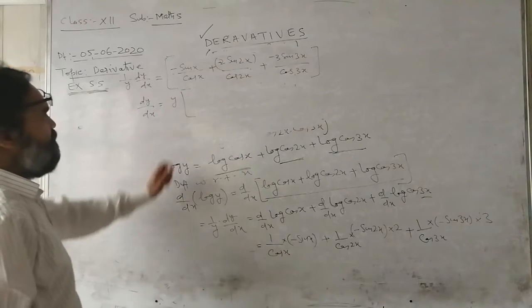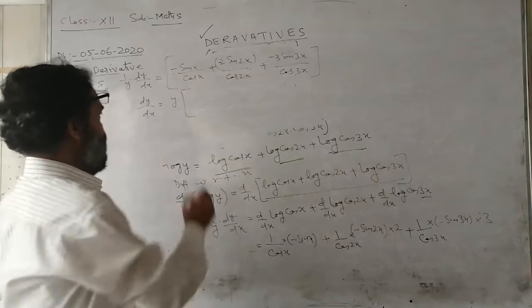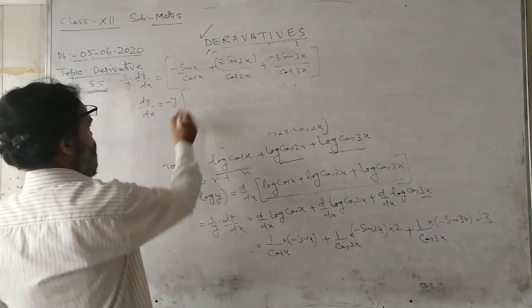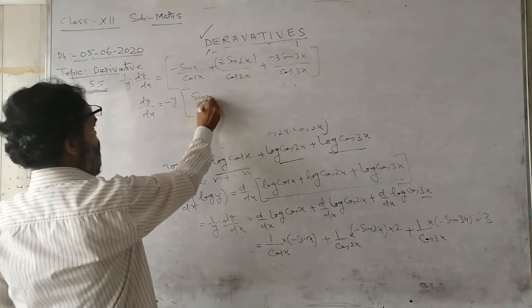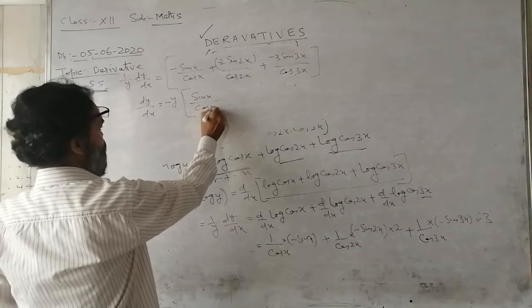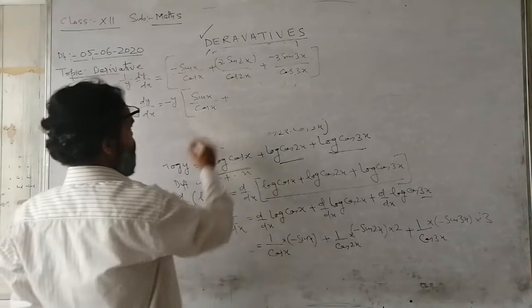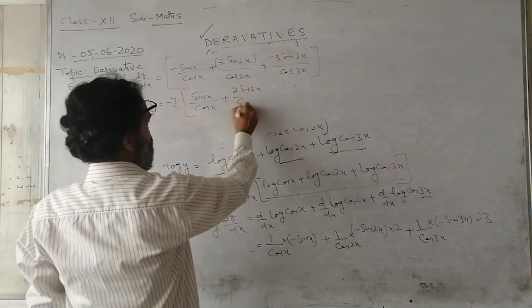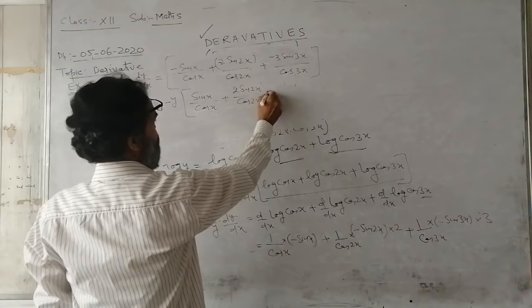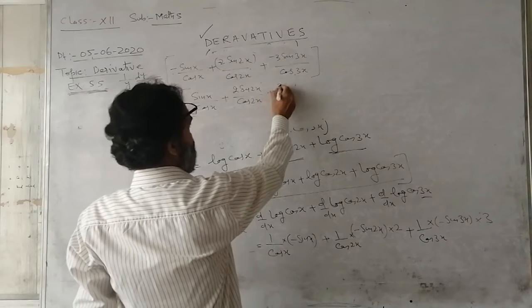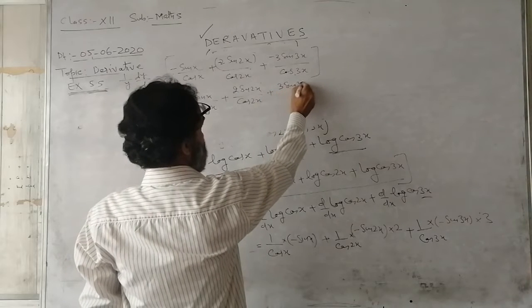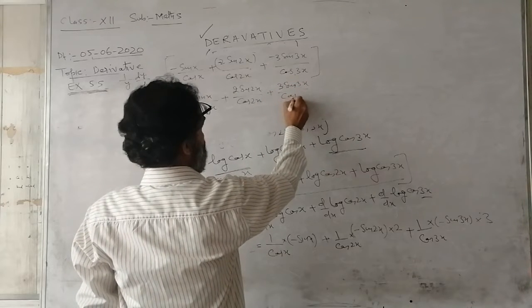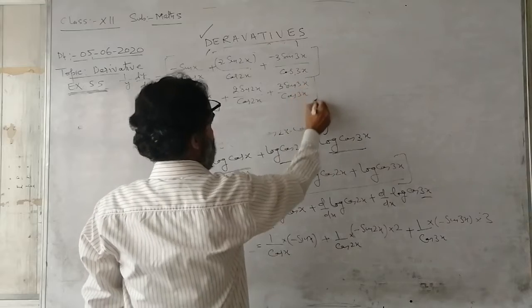Now here I can take minus common outside, so I will have sin x upon cos x here, then plus 2 times sin 2x upon cos 2x, plus 3 times sin 3x upon cos 3x.